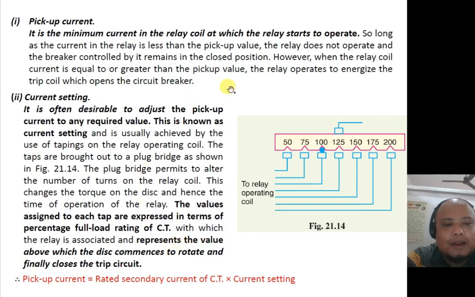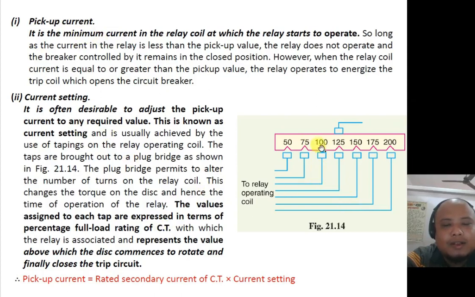That is the pickup value. 50% current setting means 50% of the full load rating of the CT, the current transformer, is the pickup current of this relay.